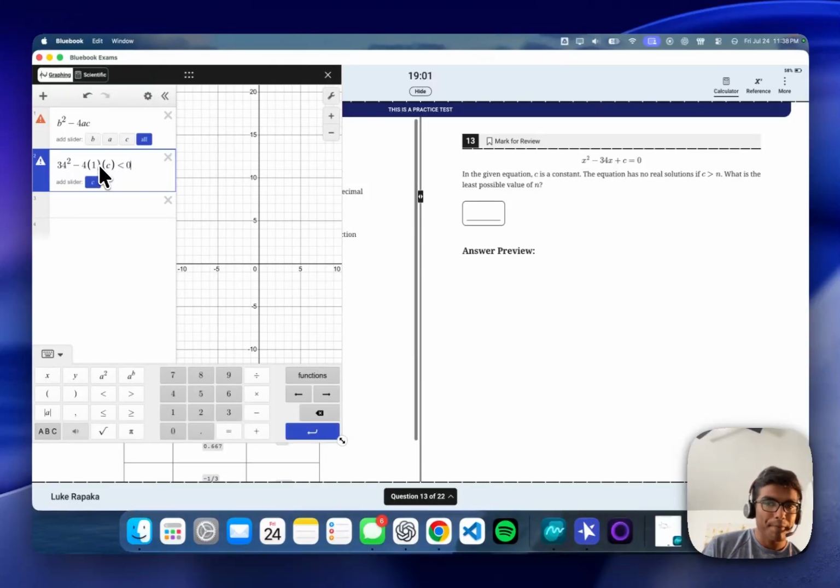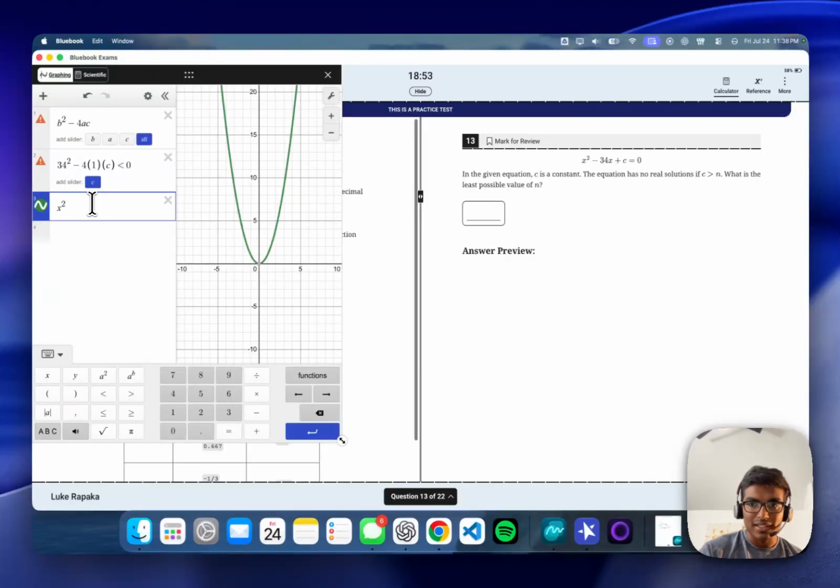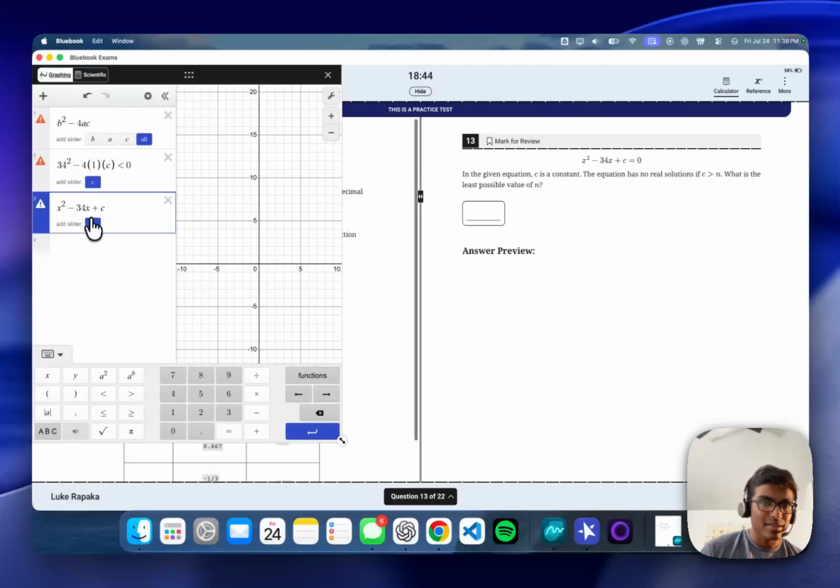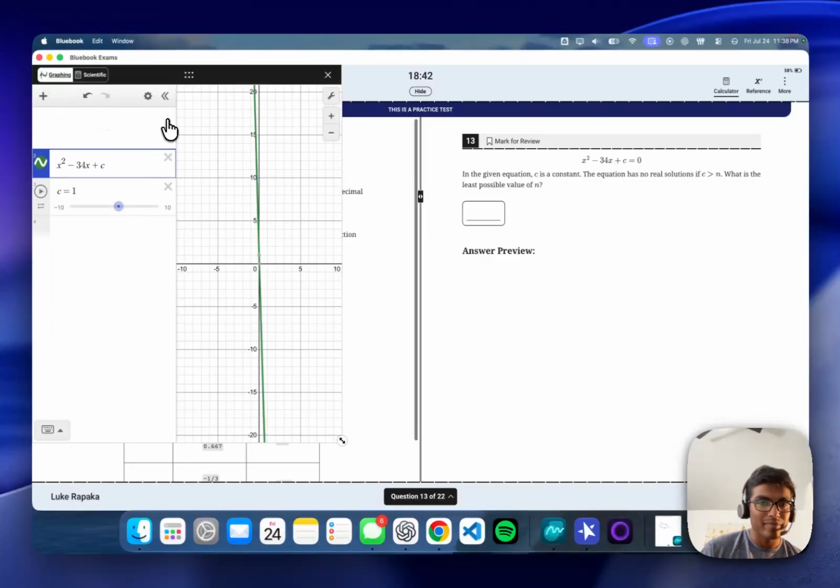So wait a second. Actually, what we could do, let's say we didn't know plus c. C is a slider.